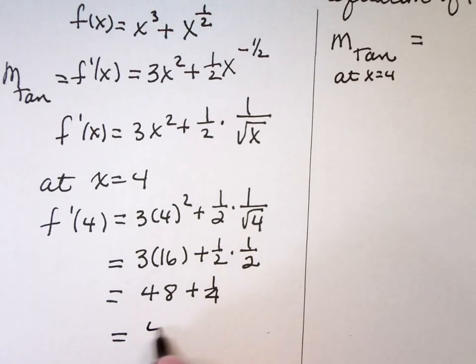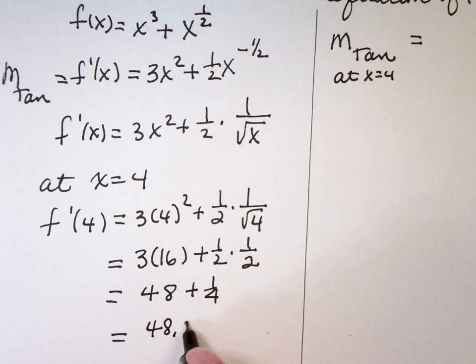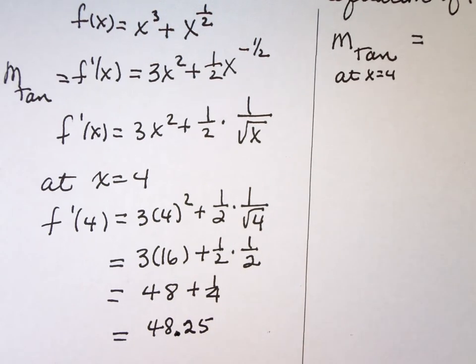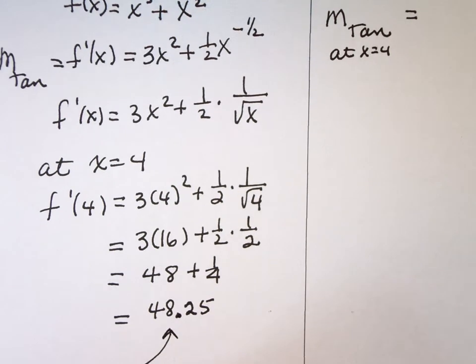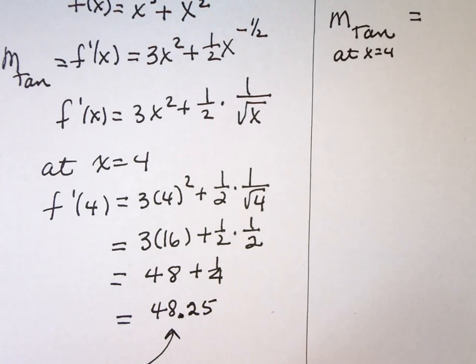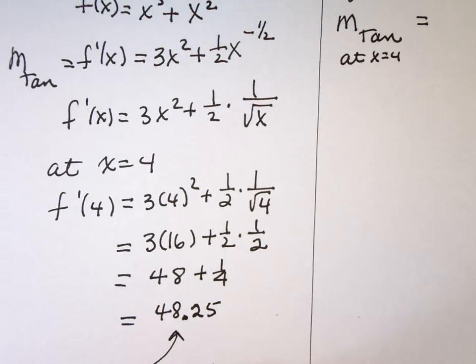or 48.25, that'll work. You can make it a mixed number, or you can make it an improper fraction if you want. Numbers are too big for me. But now, what is this guy? He is the slope of the tangent at x equal 4.